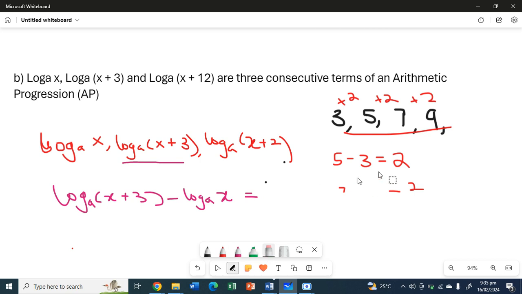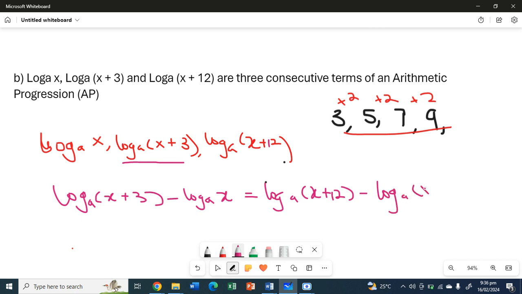You can also say, if you want to get the common difference, you can say log a (x+12) minus log a (x+3). So what I've done here, if we can look at this arithmetic progression on top here, you can say 5 minus 3 equals 7 minus 5. We're supposed to get the same common difference.